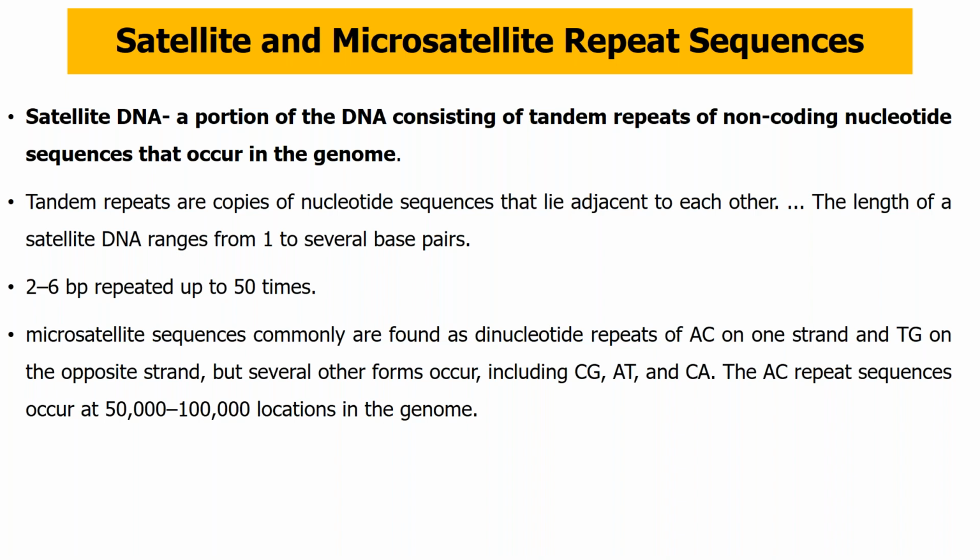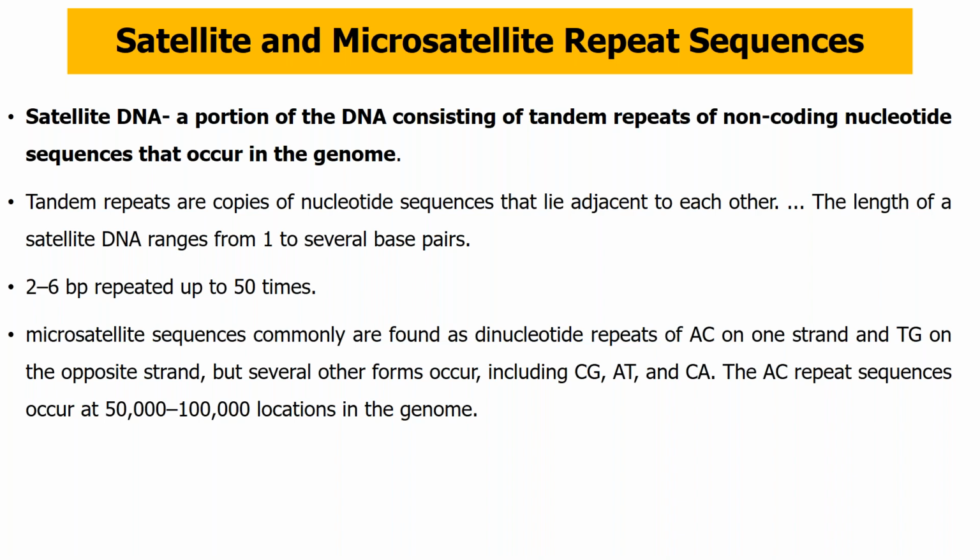Microsatellite sequences, they are commonly found as dinucleotide repeats of like AC on one strand and TG on the opposite strand. But several other forms also occur like CG, AT, CA. ठीक है, इस तरह से कोई भी forms की tandem repeats को हम satellite बोलते हैं, satellite repeats, microsatellite repeats.